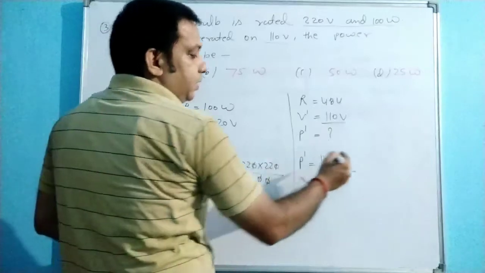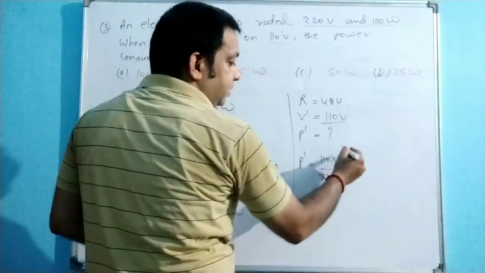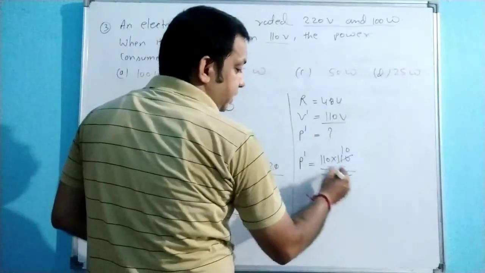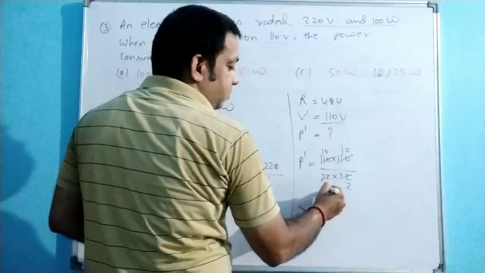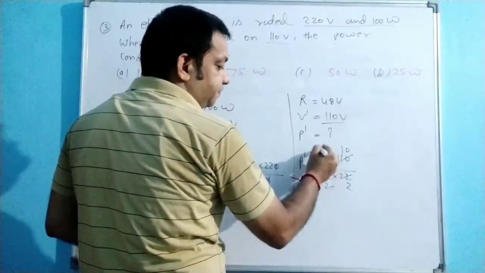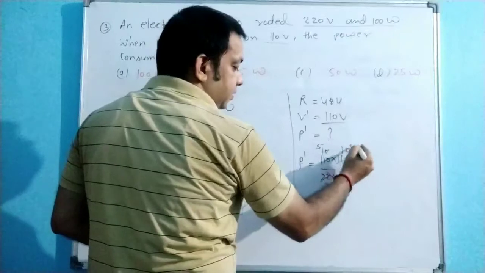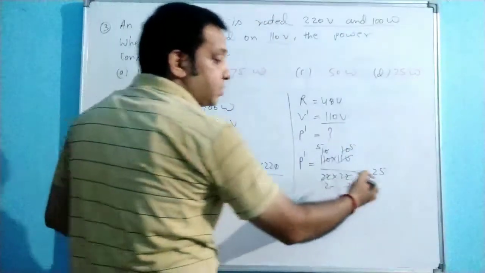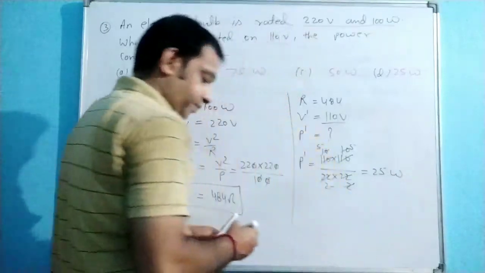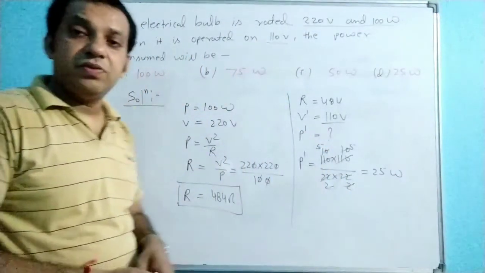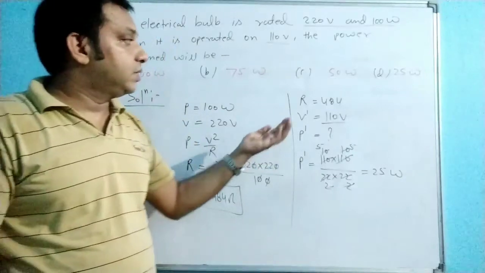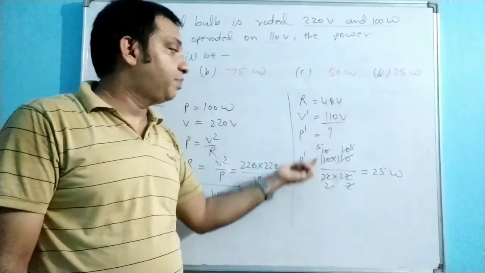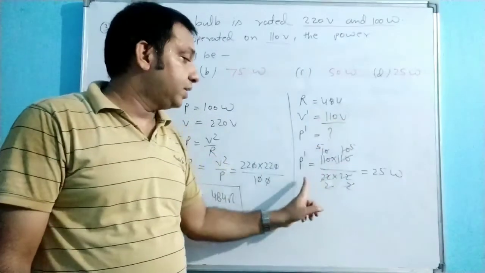Right? So here you will cut 11 with 110, 10 two times, and 2 5 with 2 5. So what is the value? The new power is how much? 25 watt. See here. If you are connecting the bulb with the 110 volt supply, then the power is 25 watt.